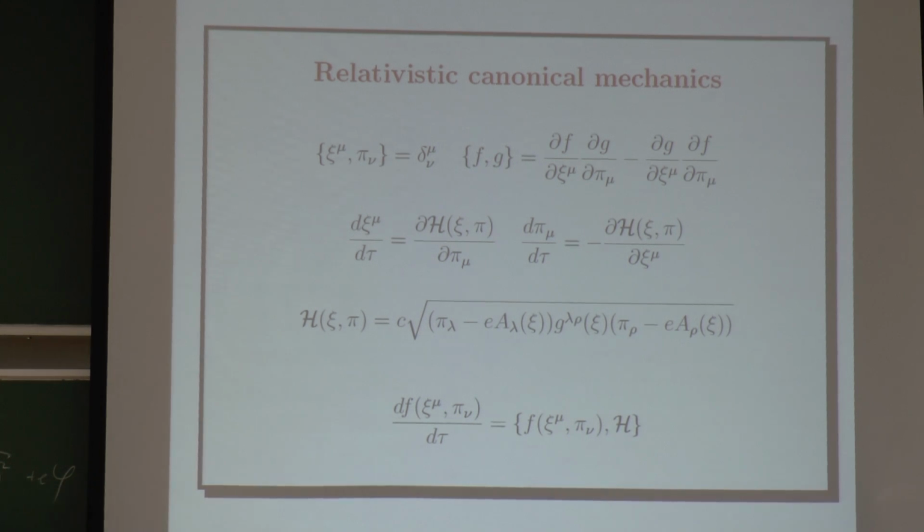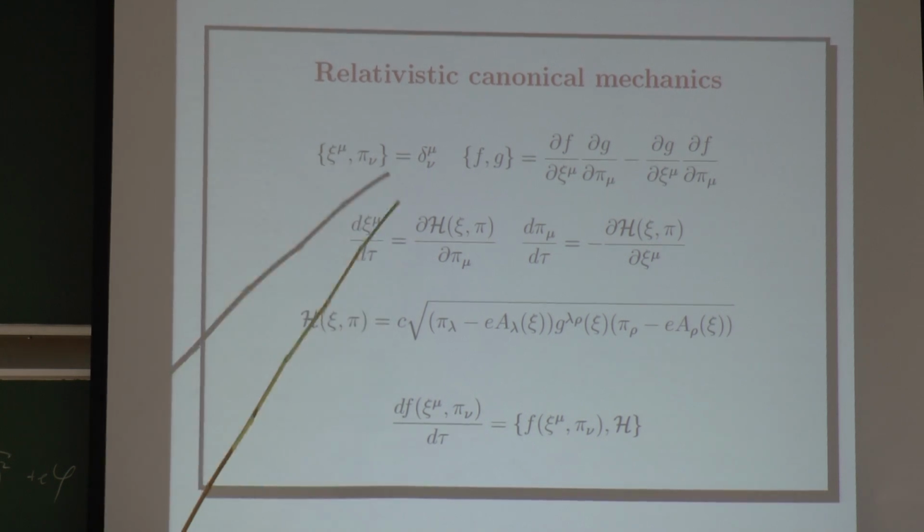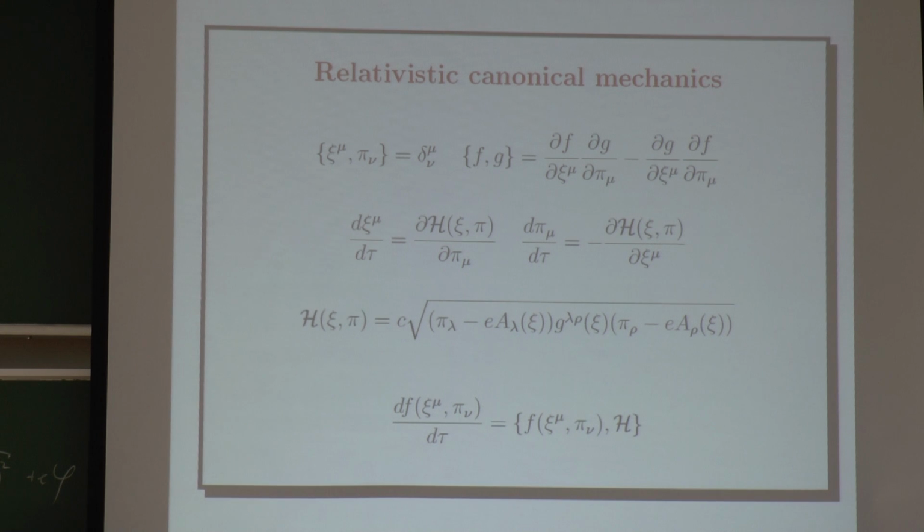Relativistic phase space should have 8 dimensions because we have 4 components of position and 4 components of momentum, which are equivalent according to the special theory of relativity. So if I denote the positions psi and the momenta pi, the canonical Poisson bracket should read delta mu nu, where mu runs from 0 to 3.